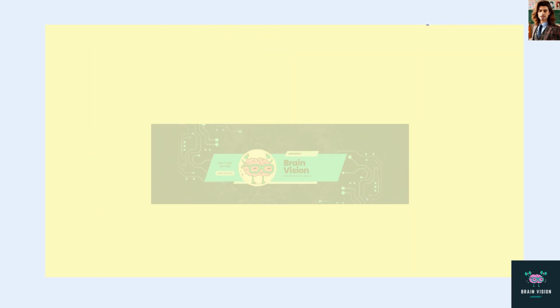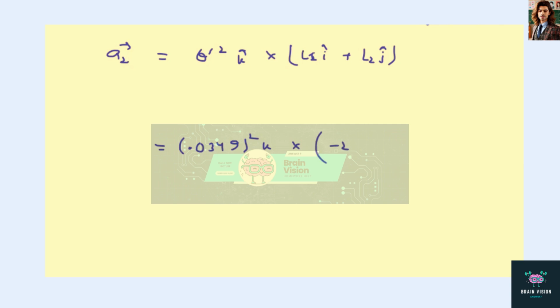The value of A2 is equal to theta dash square k cap cross L1 i cap plus L2 j cap, that is equal to 0.0349 square k cap cross minus 200 cos 30 degree i cap plus 200 sin 30 degree j cap, which is equal to 0.1218 i cap plus 0.2109 j cap meter per second square.